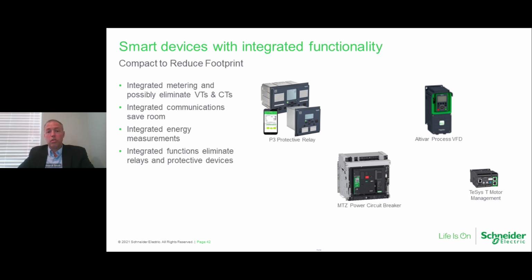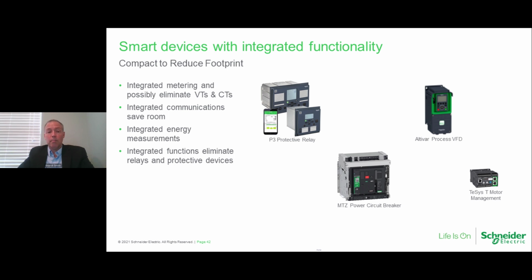Our newer circuit breakers also have a lot more capability built into them, and depending on the needs for metering accuracy, a lot of times you can drive basic metering into a protective relay or a trip unit. In some cases, for example, with our new line of low voltage breakers, we have 1% accuracy with our trip unit.